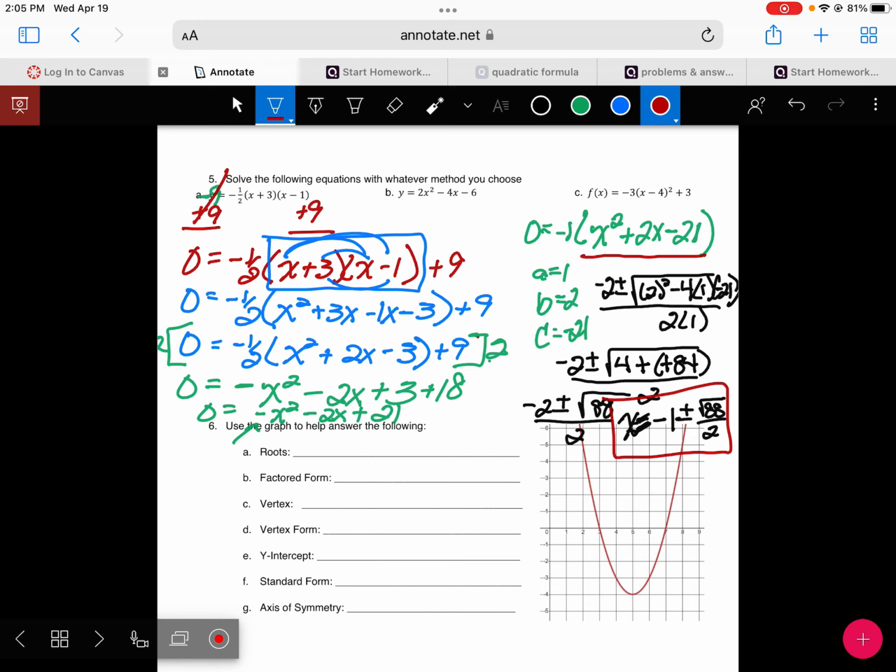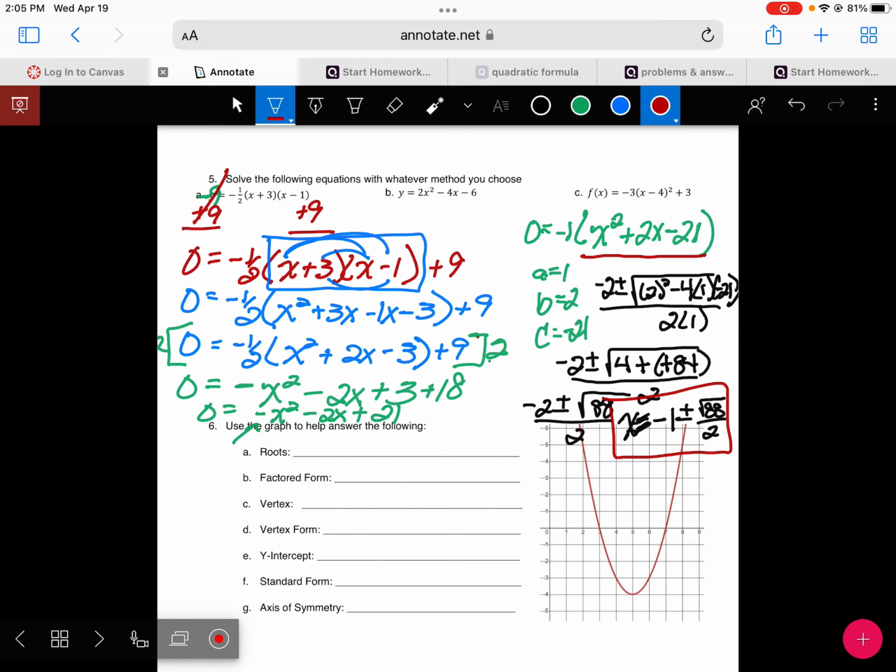You divide by -3. You're going to get x minus 4, that quantity squared equals 1. Take the square root of both sides, and that'll work. And B, you can do using factoring. Xbox will work for B. I can go through B if you want.